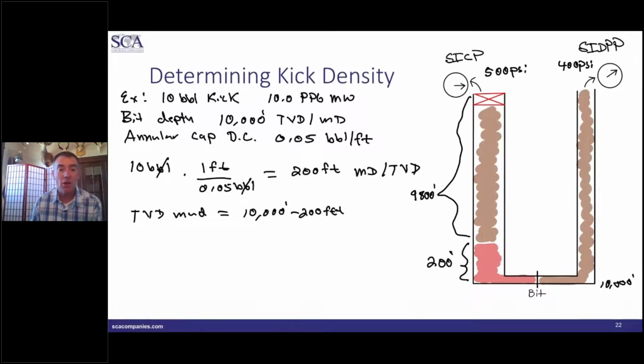Then the hydrostatic of the mud would equal 0.052 times 10.0 times 9,800 feet, and I end up getting 5,096 psi. And the hydrostatic pressure of the kick is unknown.